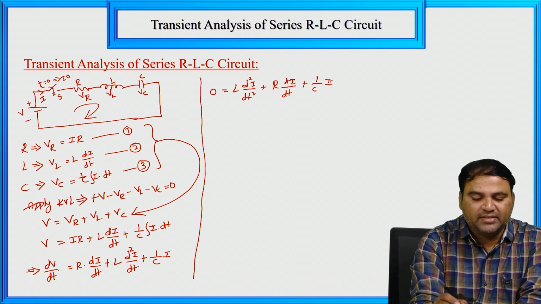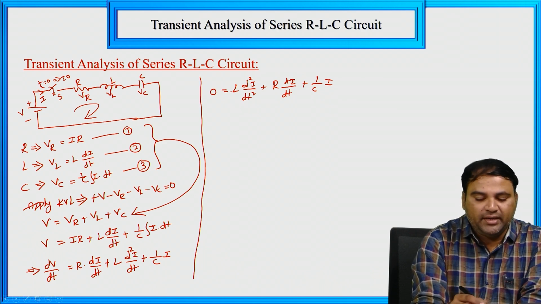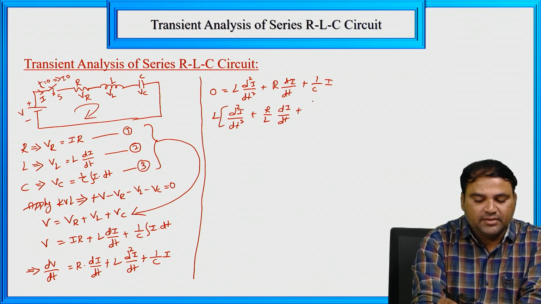Now, in this equation, take L as common. So, L into d square I by dt square plus R by L into di by dt plus 1 by LC into I equal to 0.